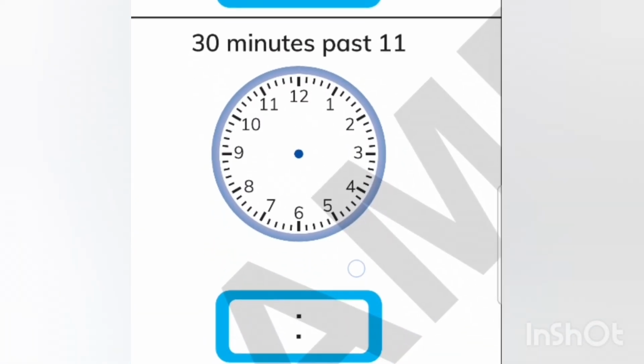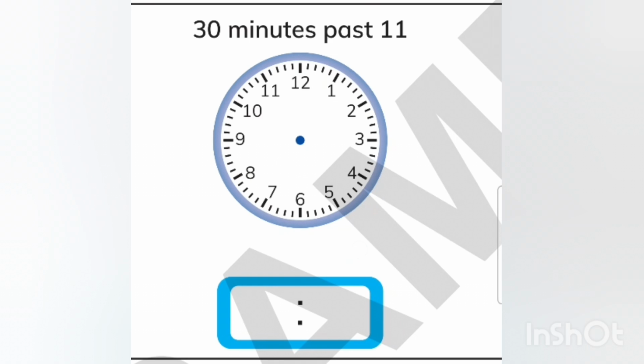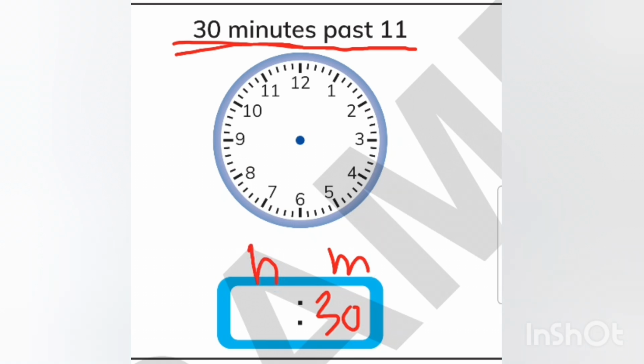This one: the question is 30 minutes past 11. So what does it mean? We know that 30 is a minute, so we will write minutes here. In a digital clock this is minute and this is hour, and how many hours is it saying? 11.